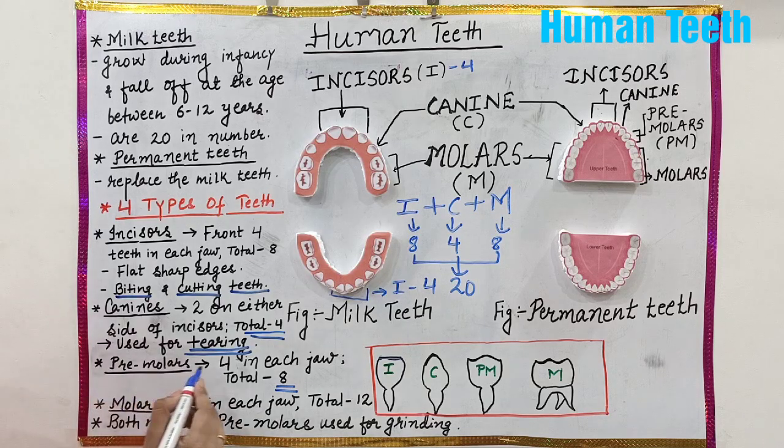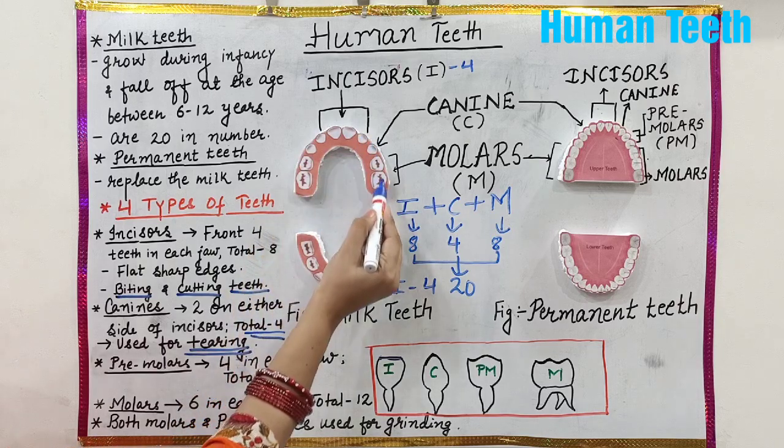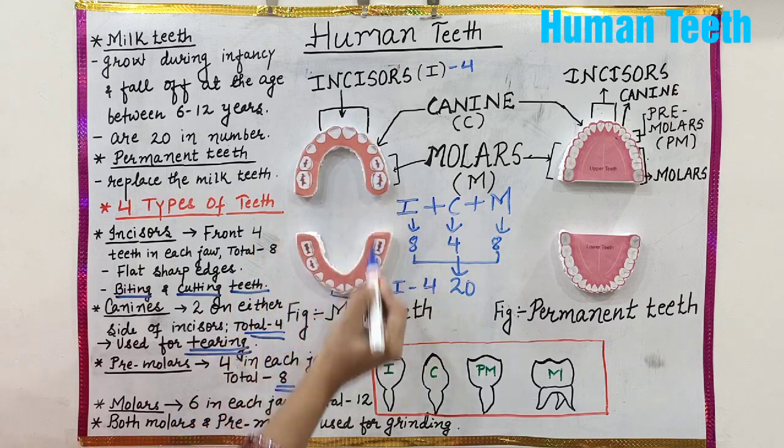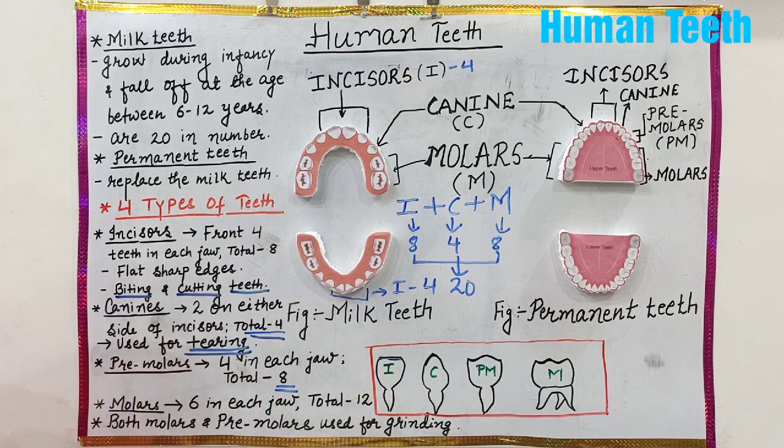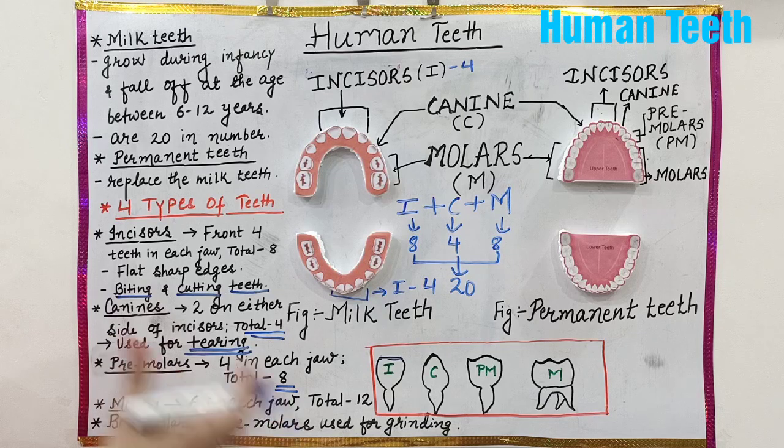Now coming to the premolars. When we try to find the premolars in the set of milk teeth, we do not find any. Actually, milk teeth do not have any of the premolars. So from where do they come and which teeth do they replace?